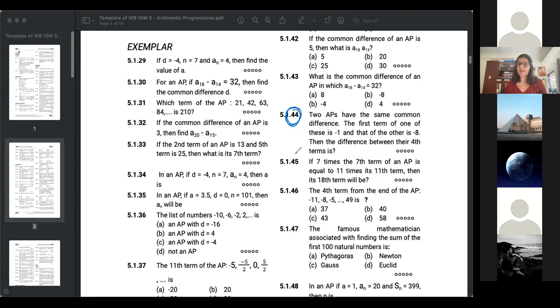After 44, do 45 also. So these kind of questions, you're using AP ka concept along with other algebra concepts also, like linear equations and all. उस पे कोई logic apply करना पड़ेगा. So those kind of questions. Okay, do 44 and 45. I'll also do them. Check your answer.